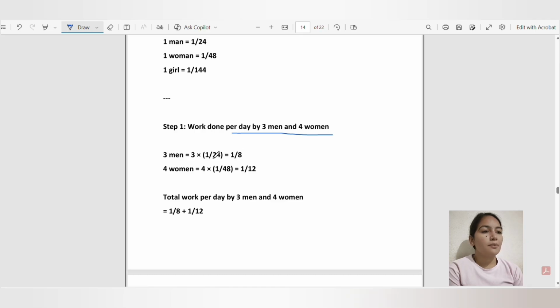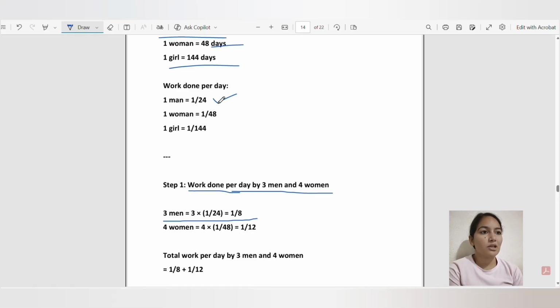So work done per day by 3 men and 4 women. 3 men is equal to 3 into 1/24. Why multiply by 1/24? Because one man can complete 1/24 of the work per day. In each day, a man can complete 1/24. That's why we are multiplying by 1/24, and here 1/48, because 1/48 is the work done per day by a woman.